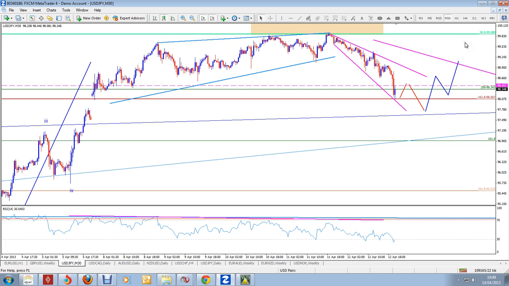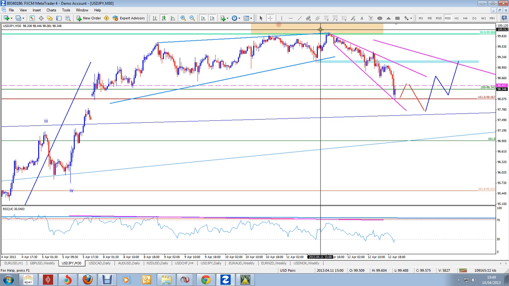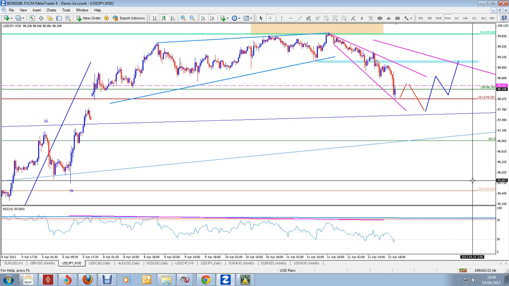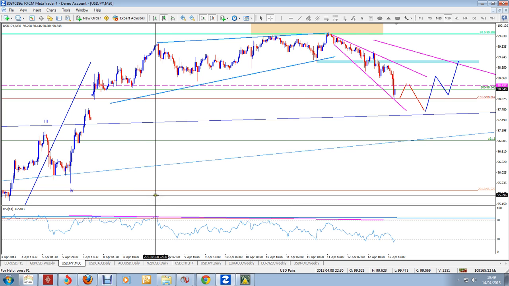Put a Fibonacci on, and just eyeballing it, it should bring us somewhere in that area around 99 or a little bit higher, and then you can short with a stop above the previous swing, and the target will be going down to about 92 somewhere in due course.